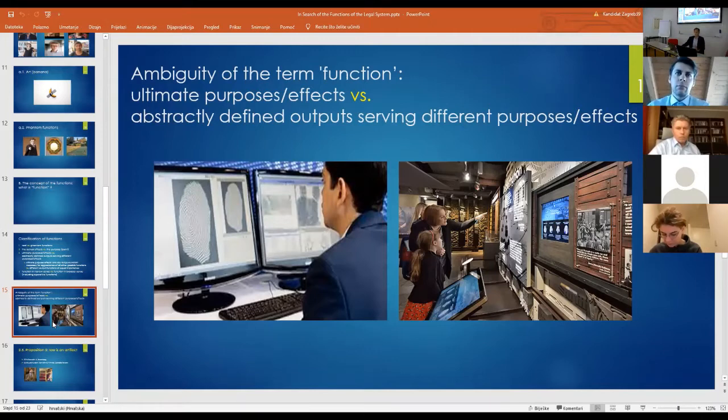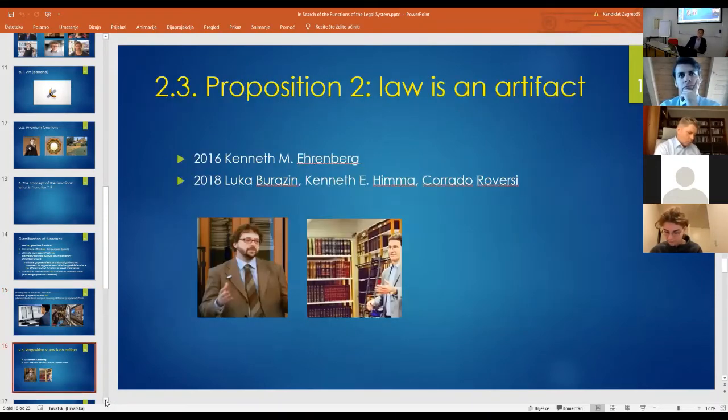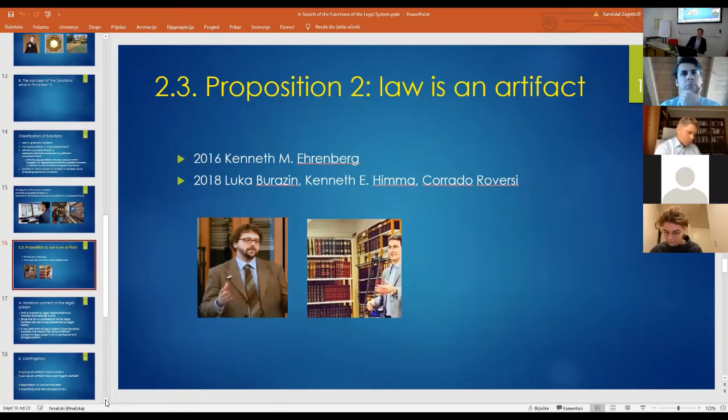In other words, to say that if something is law, you have operative functions of producing and applying norms, and it regulates behavior, but not to specify what specific outputs this kind of system is producing, not to say it's producing peace, it's producing justice, but to stay only with operative functions and abstractly defined results or outputs delivered by that system.